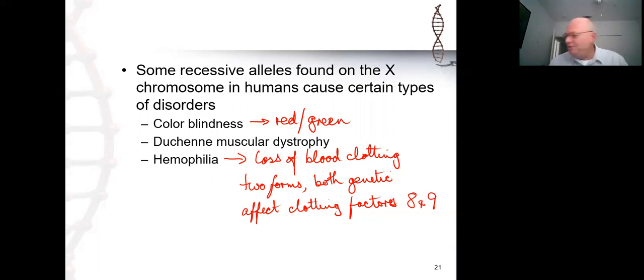affected. This was at one time known as the Royals disease, because it was found amongst the royal families of Europe. We think it originated with Queen Victoria and was passed on into the royal families of Europe via her daughters, who married into some of the major royal families, including the Russian royal family.